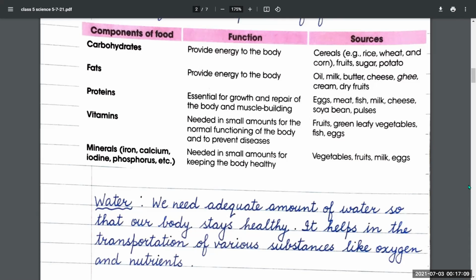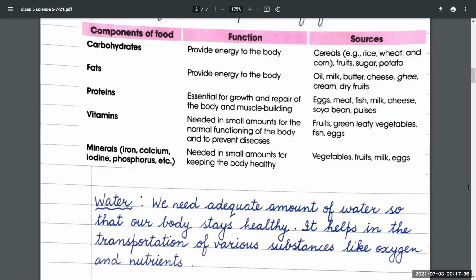Then, vitamins. Vitamins are needed in small amounts for the normal functioning of the body and to prevent diseases. And its main sources are fruits, green leafy vegetables, fish, and eggs.